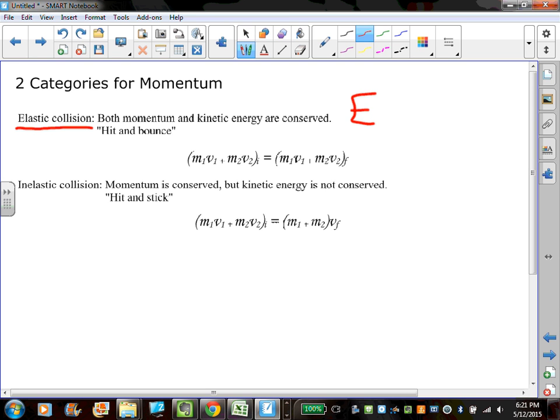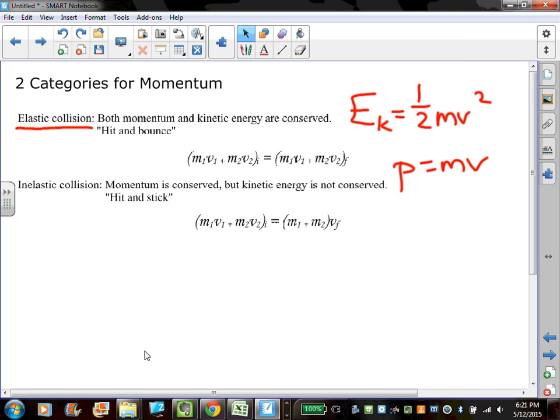If you remember from last unit, kinetic energy is equal to 1/2 mv squared. Since momentum also deals with mass times velocity, these 2 things are dealing with kind of the same quantities. So in an elastic collision, both of them are going to be conserved. The amount of kinetic energy I have at the beginning is going to be the same as the amount of kinetic energy I have at the end.